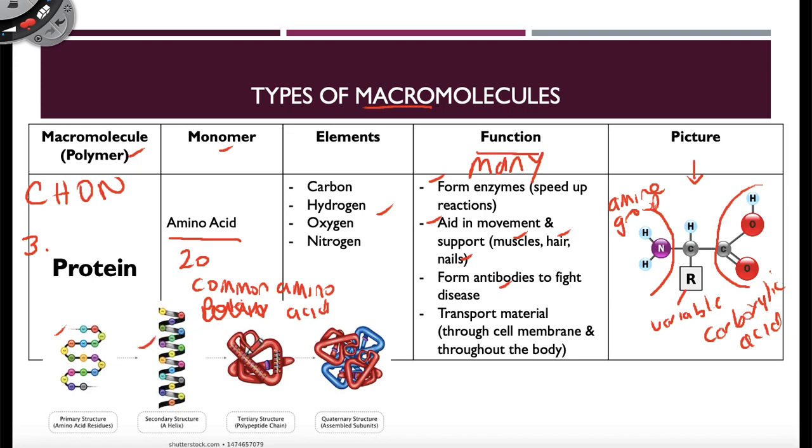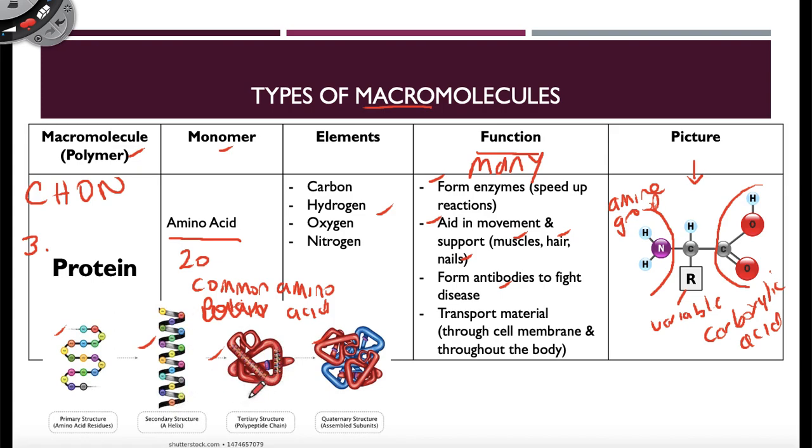Now, there's different structures here, as you can see, for proteins, and depending on the structure that it has, that's probably going to dictate the function of that particular protein. Usually a primary structural protein has no real function. It's not until you get into a secondary, perhaps helical or beta-pleated sheet structure, that you start seeing some structural support function.